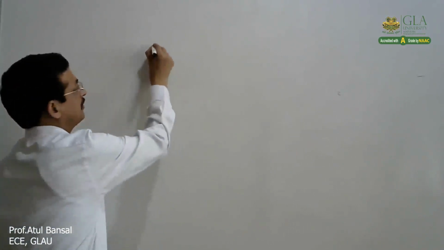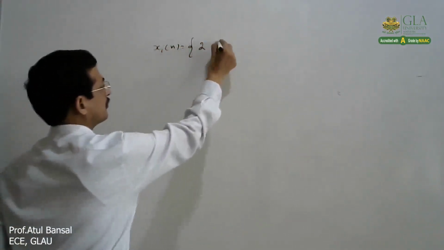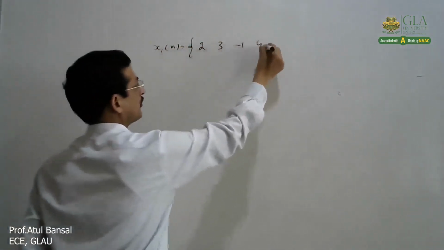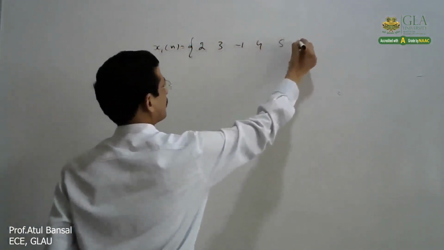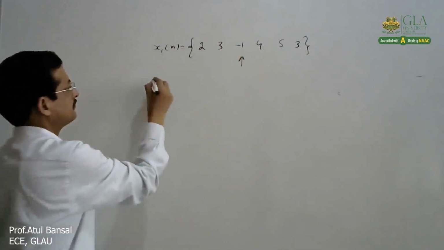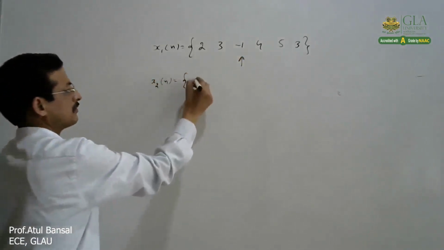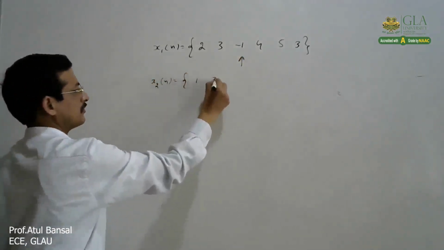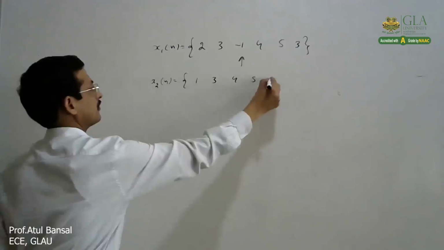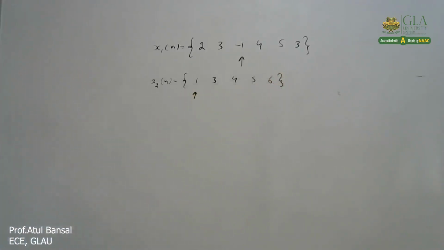Suppose you have this x1n and x2n is 1, 3, 4, 5, 6.